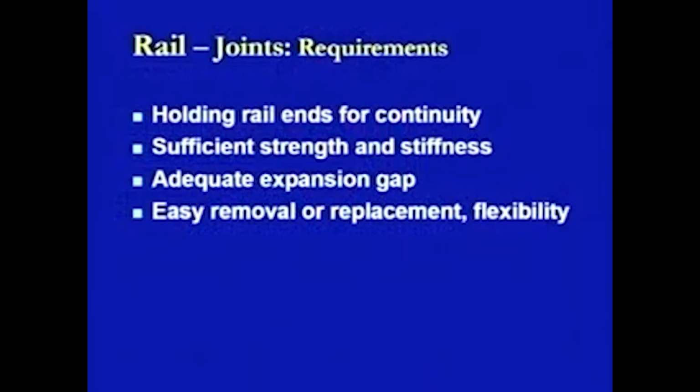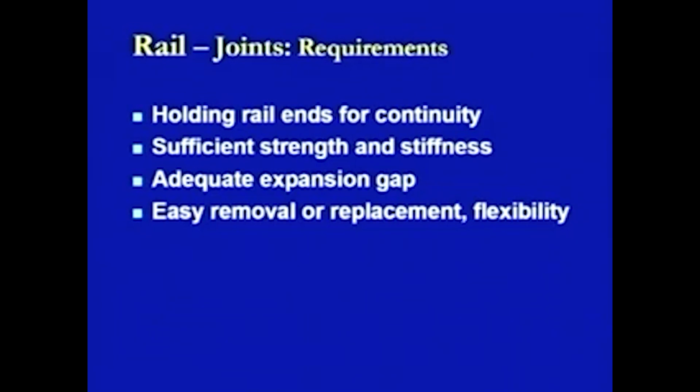The other aspect here is, because we are talking about the joints and certain fastenings have been used so as to join the two rail sections as well as join the rail sections below, one thing to be taken care of is easy removal or replacement of the different components or materials. Now, at the section where the joint is being provided, most of the time there may or may not be a support.